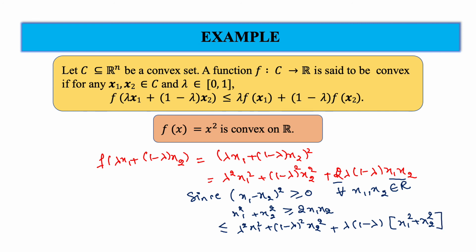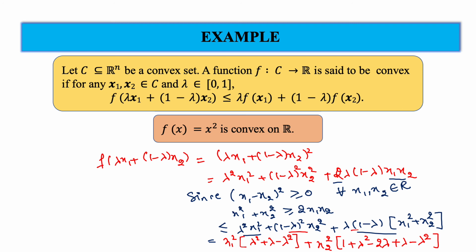Take x1 square values together, so it is x1 square times lambda square plus lambda minus lambda square, plus x2 square times 1 plus lambda square minus 2 lambda plus lambda minus lambda square.